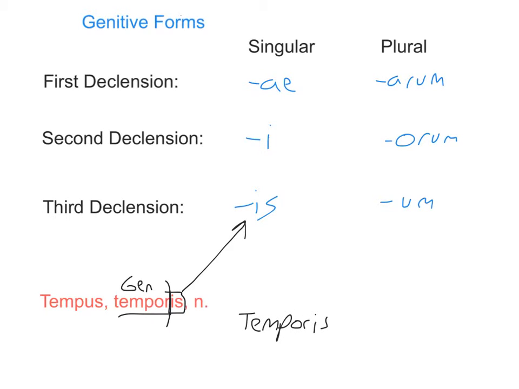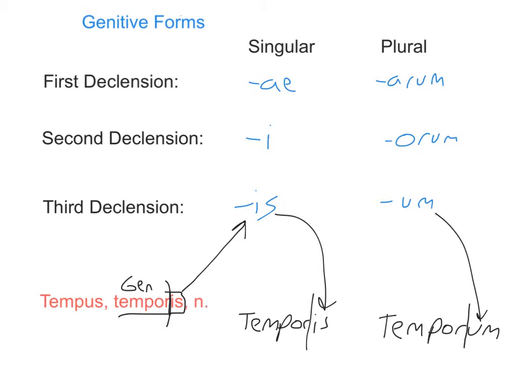Temporis, first of all because it's given, but second of all because we add the IS to the root, and then in the plural we get temporum, which actually looks like this orum ending up here, but note that the OR is actually in your root. The UM ending is actually what's being added on there. Okay? So there's your root there, here's your IS ending, and that's how you do that.